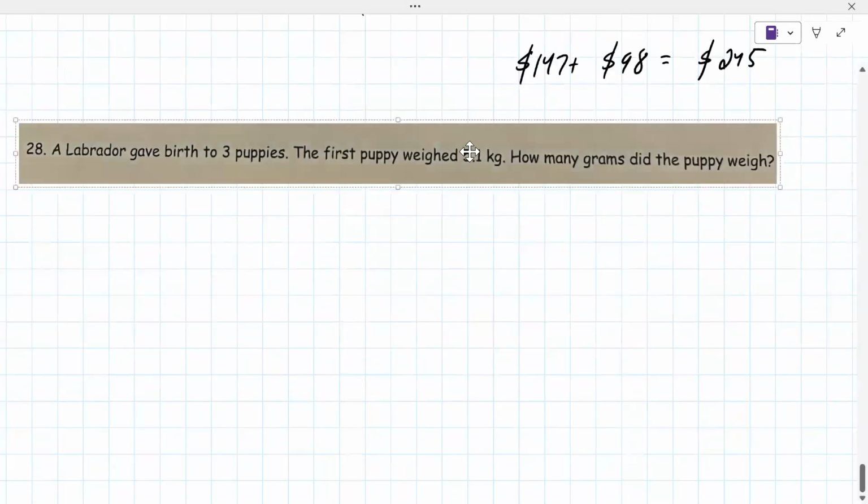All right, a Labrador gave birth to 3 puppies. The first puppy weighed 5.1 kilograms. How many grams did the puppy weigh? So again, sometimes there's extra information. You don't care that it's 3 puppies. You just want to know how much the first puppy weighed, just the first one, because this asks about that puppy. So you start with the given weight, 5.1 kilograms, times how many grams are in a kilogram.